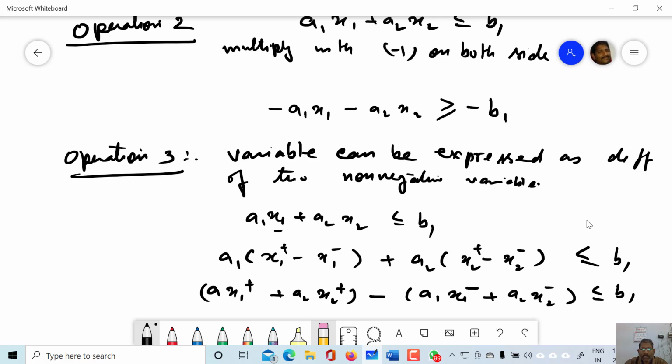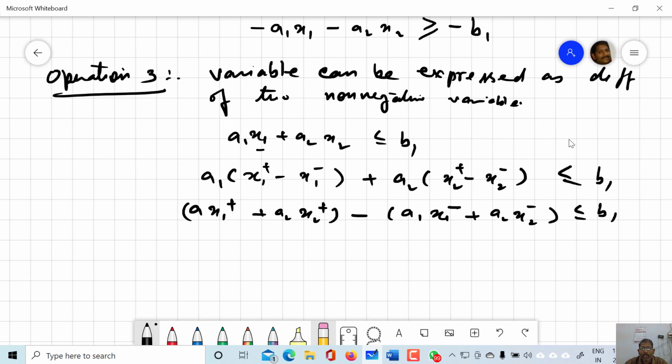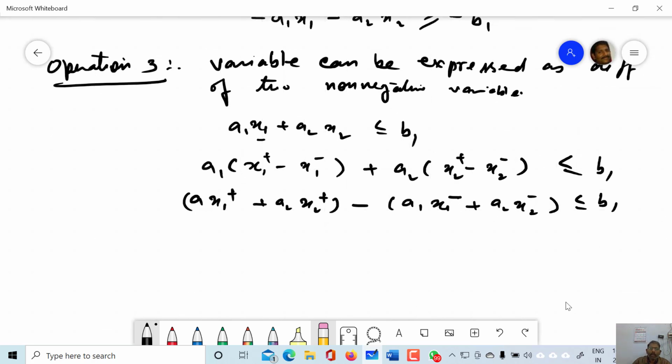So this operation 3 is saying that every variable, suppose I am writing minus 3, can be written as the difference of two positive integers. Suppose the first is 7 and the second is 10.